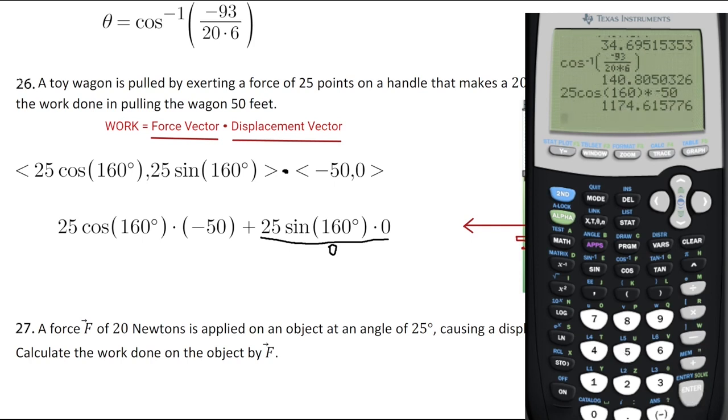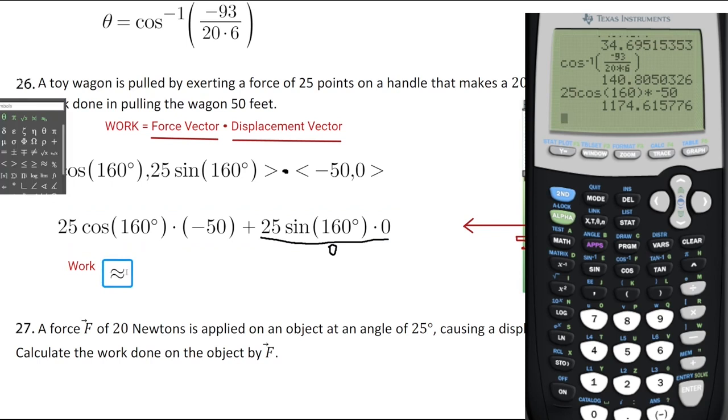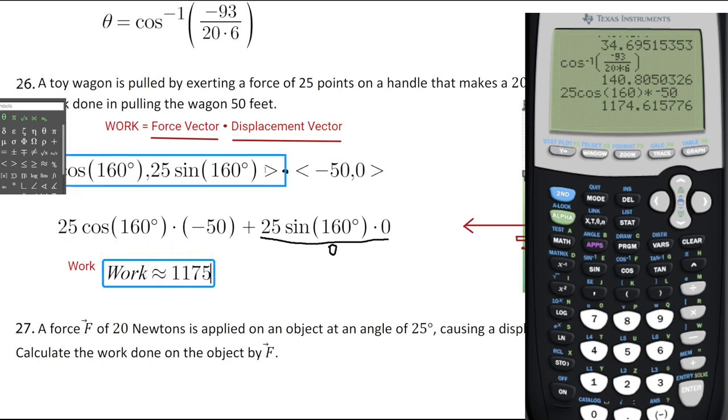Whoa, big one. All right, so we got approximately, the work is equal to approximately 1,170, I'll just round to the nearest whole number here. 75, and what are our units?